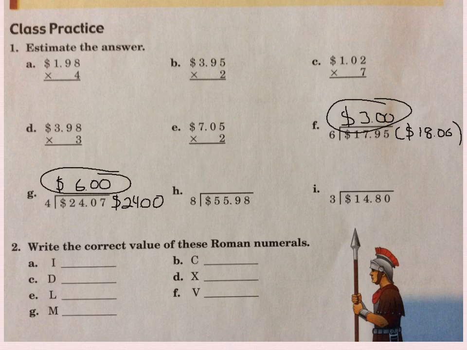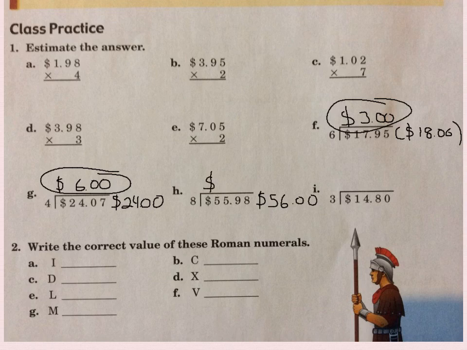H, $55.98 is the number we need to round. That's about $56. And how many times does 8 go into $56? 8 will go into 56 7 times.